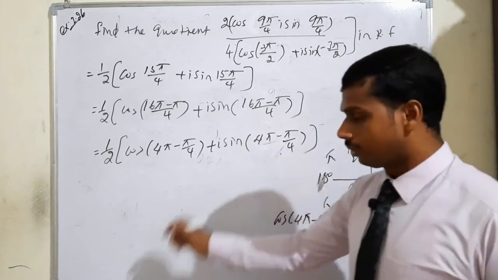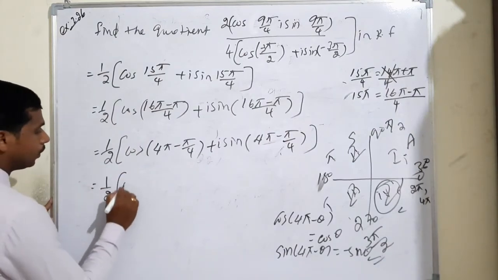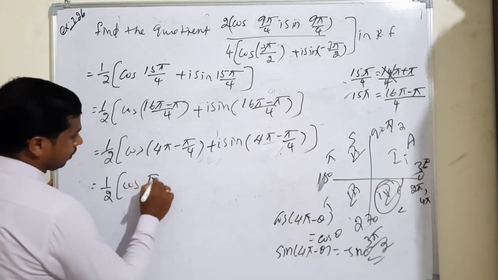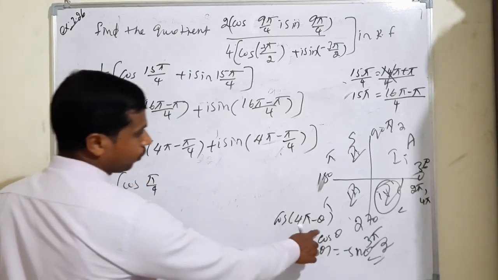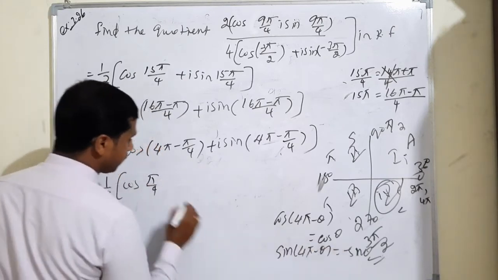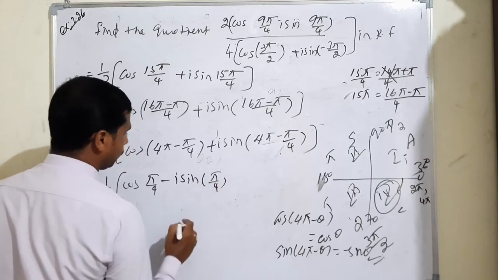Okay, so how to rewrite now? 1 by 2 cos pi by 4, because cos of 4 pi minus theta is equal to cos theta. Again there is minus, therefore minus i sin pi by 4, isn't it?